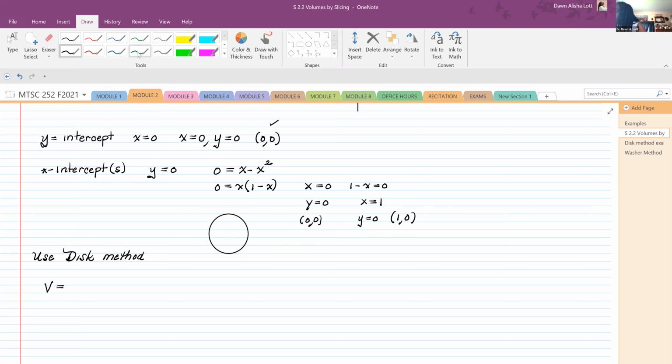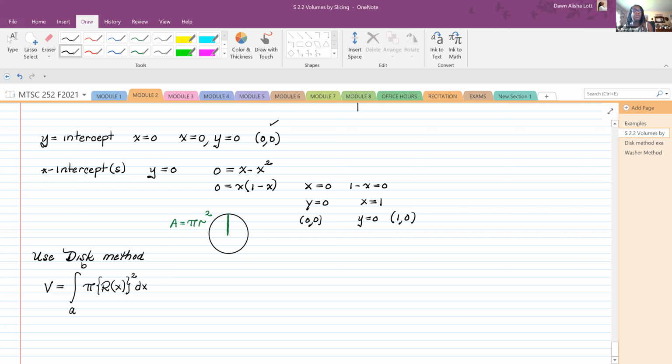Okay, so here I have a disc, and then I will draw its radius. So the area of this disc is indeed pi times the radius squared. So that is what is going to go in here, the integral from a to b of pi times r of x squared dx.